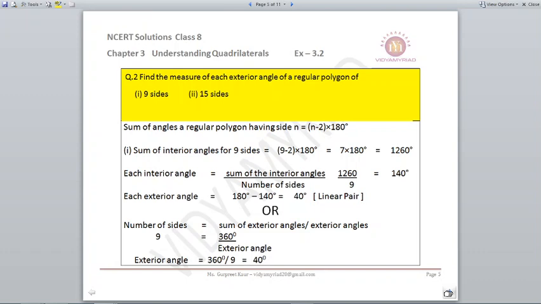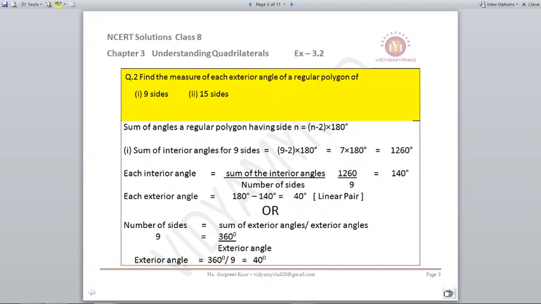Now we need to find out exterior angle. So based on that, we should know either of the things. Let us do it with the help of interior angles. We should know that formula, n minus 2 multiplied by 180. If we know this, we can know what is the sum of the angles of 9 sides.